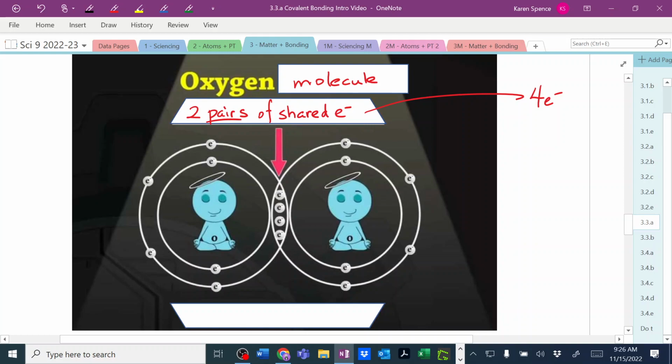Now, because we have 2 pairs, it's no longer a single covalent bond, it is a double covalent bond. And in fact, we don't have things like double ionic bonds, so at some point we're going to just refer to it as a double bond and leave out the word covalent. But we'll put it there for now because it's brand new.